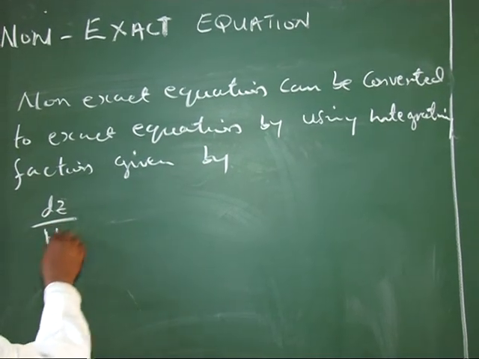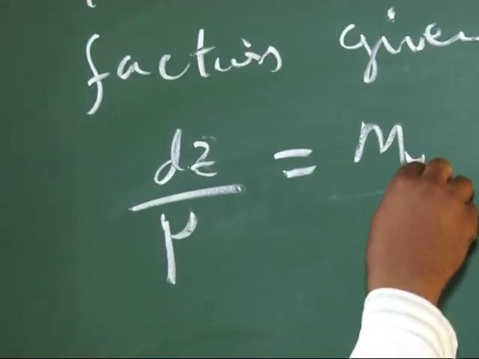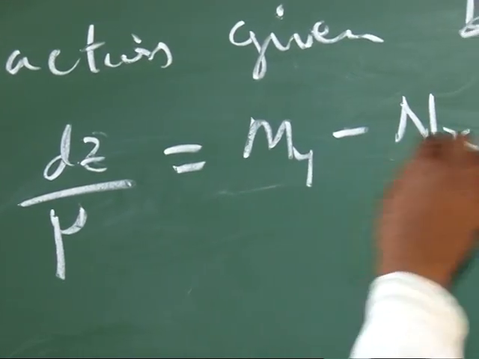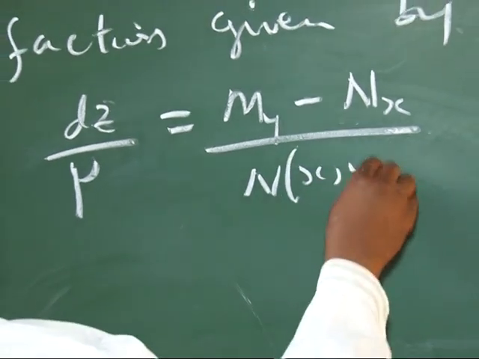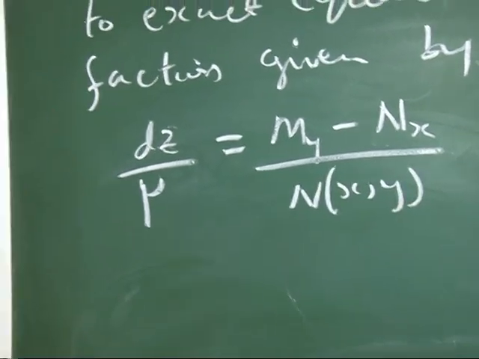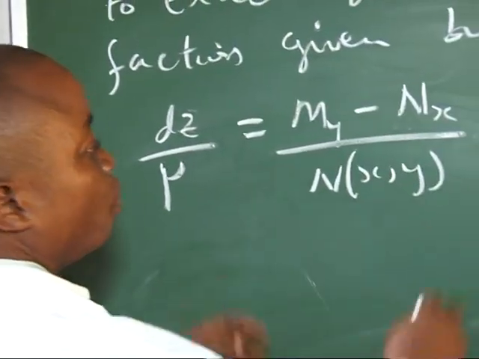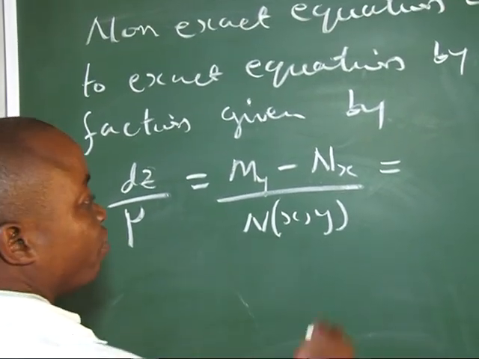dμ over μ is equal to partial N partial y minus partial M partial x, all over N of xy, and this will be when this integrating factor is a function of x.